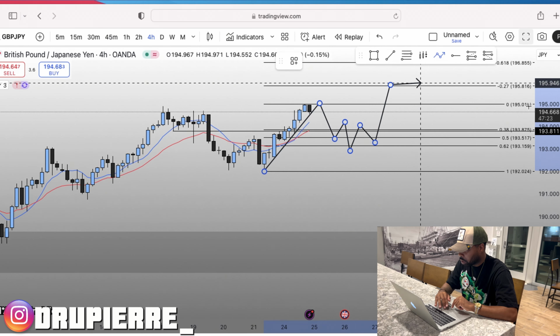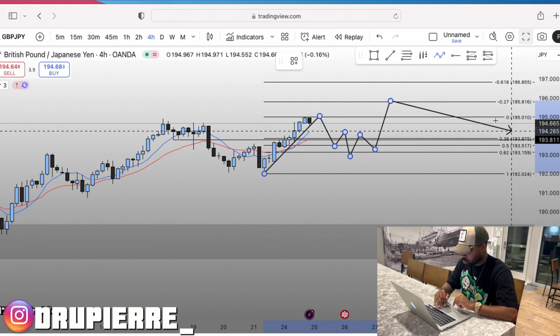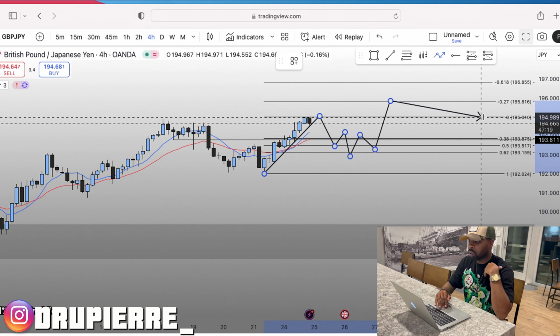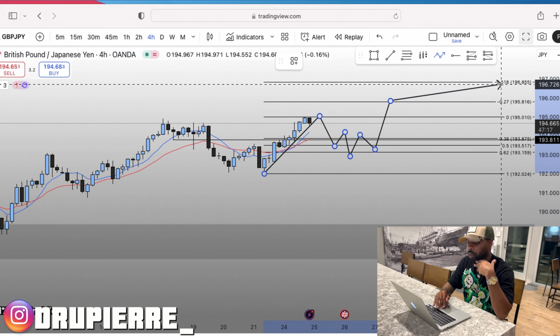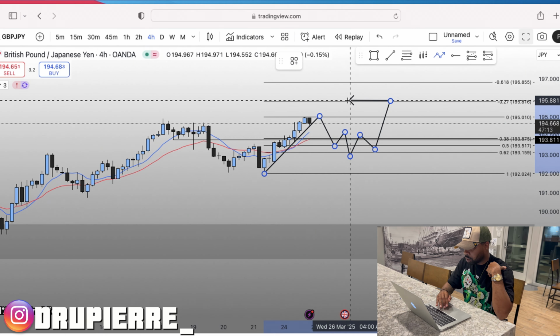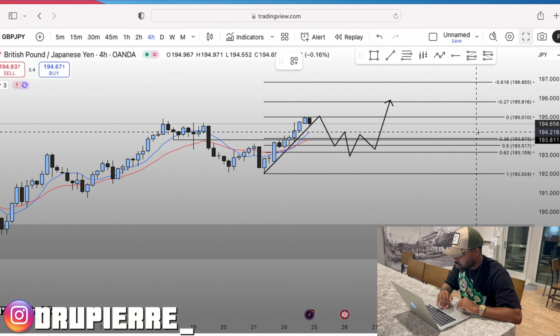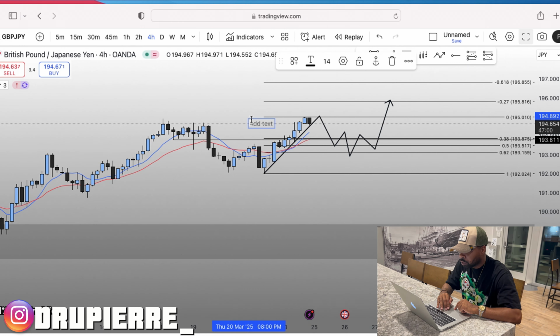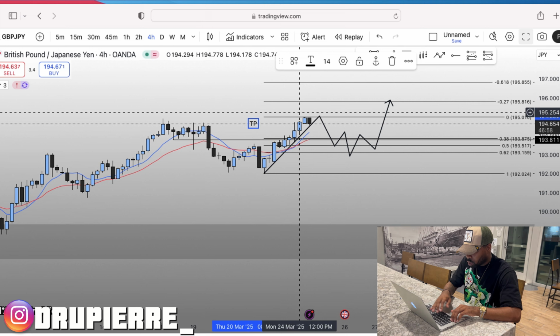I'd probably target, I generally like to target the negative 27% or the negative 61.8%, right? So my first take profit would probably be where price initially got to. What that was, that 195, right? That would be TP1.